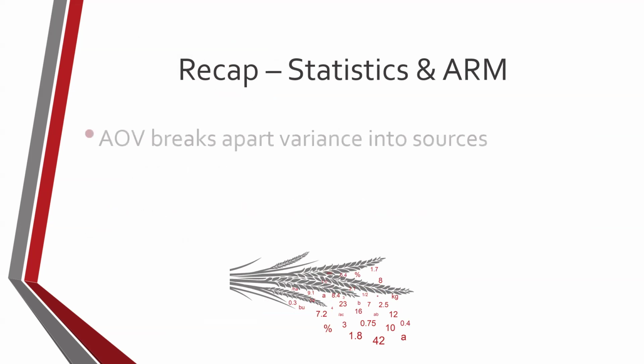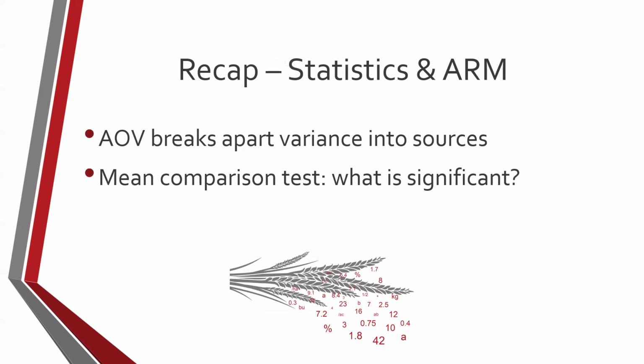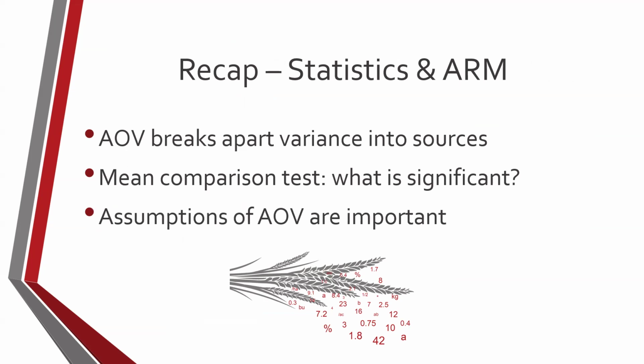All right. So in summary, the AOV analysis breaks apart the variance of observations into different sources, and then calculates a p-value probability. Then we perform a mean comparison test to determine which treatment mean differences are significant.